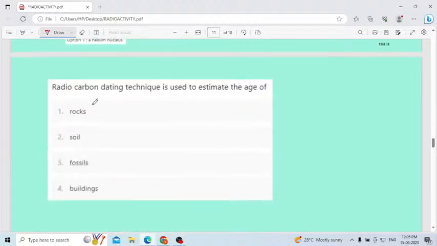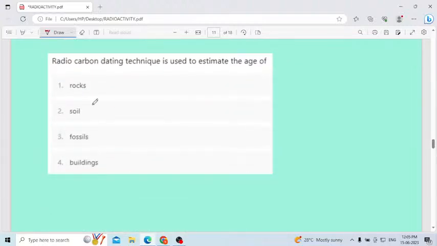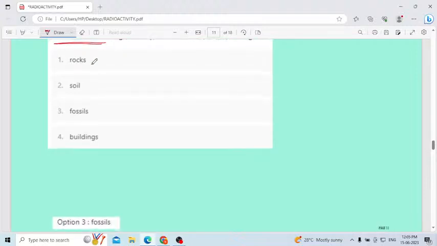Next, the radiocarbon dating technique is used to estimate the age of: first option rocks, second soil, third fossils, fourth buildings. This technique is used to estimate the age of fossils. Remember this one.